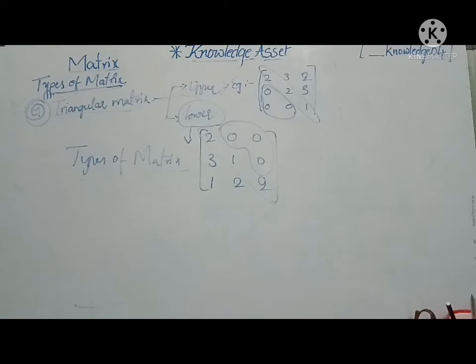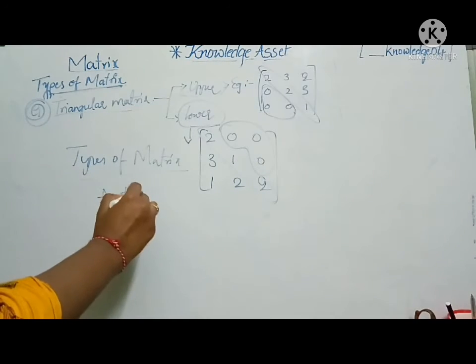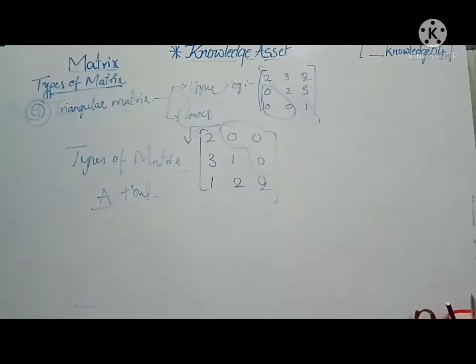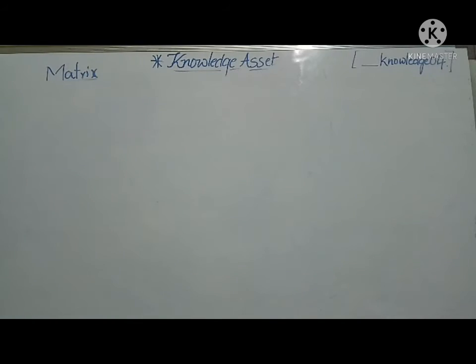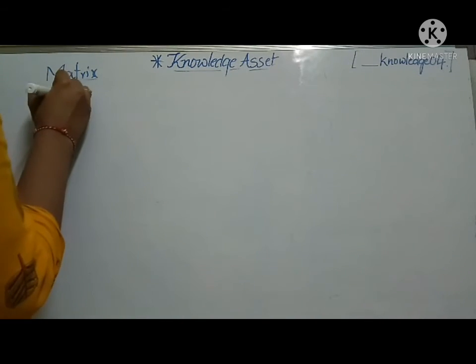Now let us know addition and subtraction in matrices. How to do addition and subtraction in a matrix. So talking about addition and subtraction of matrices, first let us see addition of matrices.